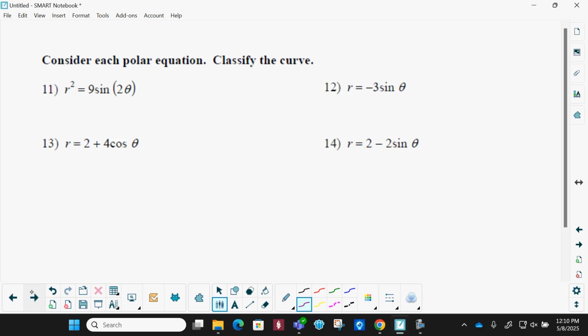Okay, so here my advice is you're going to graph. Where we have the same numbers here, this is going to be a cardioid. Just think of the heart, the two halves are similar. This one here is going to be a limaçon because they're not the same. We have an r squared here, so this will be a lemniscate.